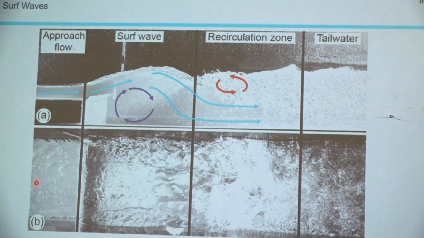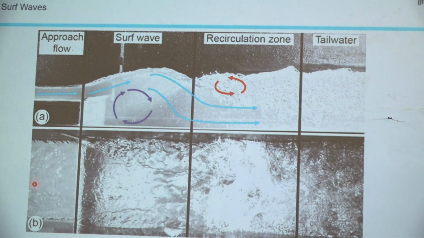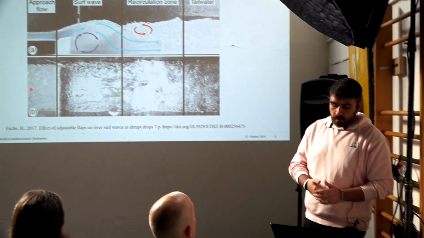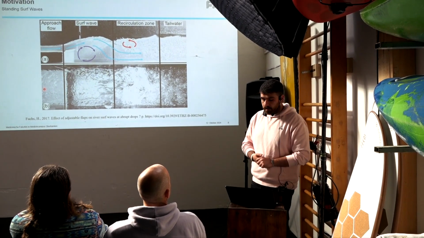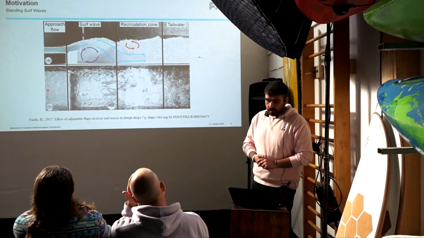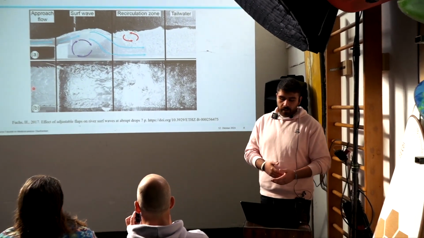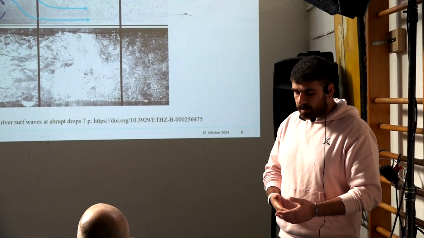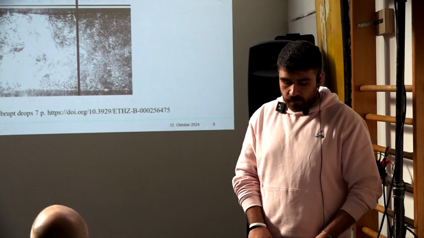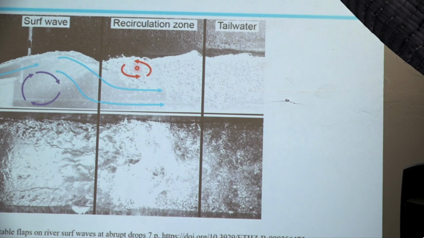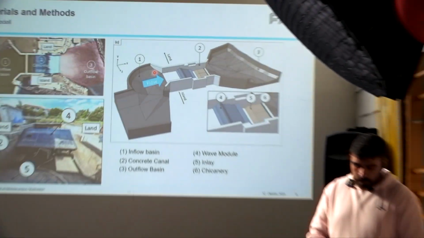If a surfer falls off the wave, they may have difficulty being washed out of this zone and could potentially be pulled back towards the wave or even underwater. Our task was to replicate this phenomenon in numerical simulations, allowing us to experiment with adding obstacles to minimize those recirculation zones without significantly altering the wave's characteristics.